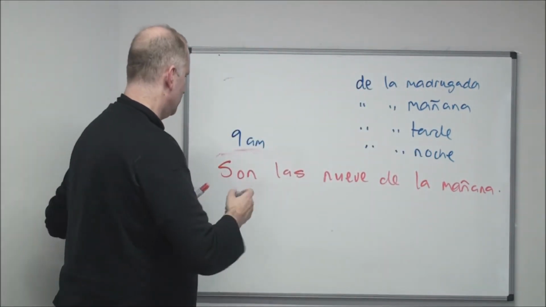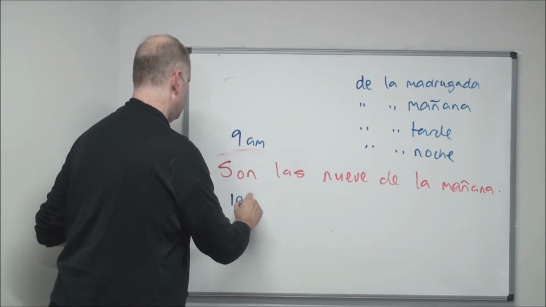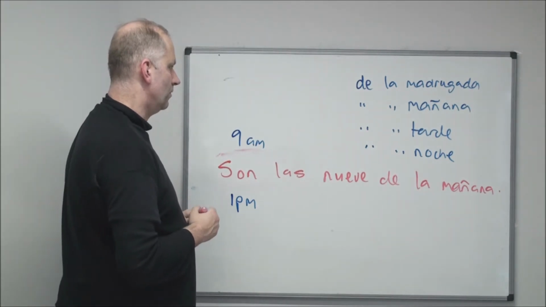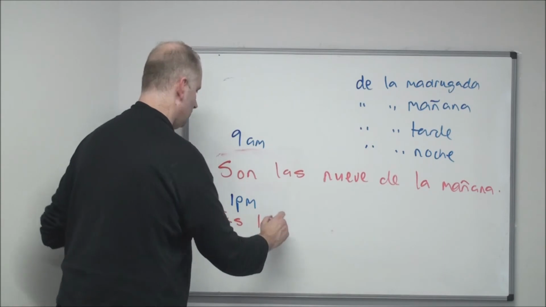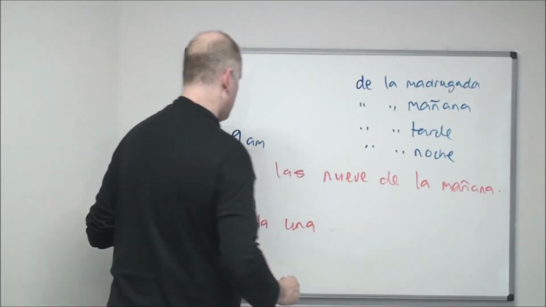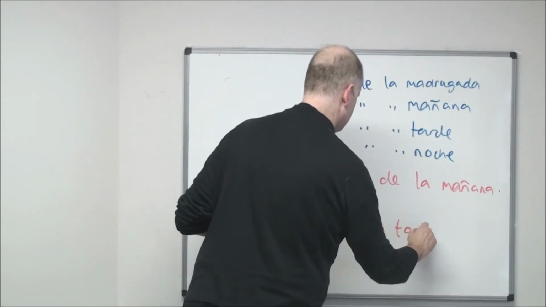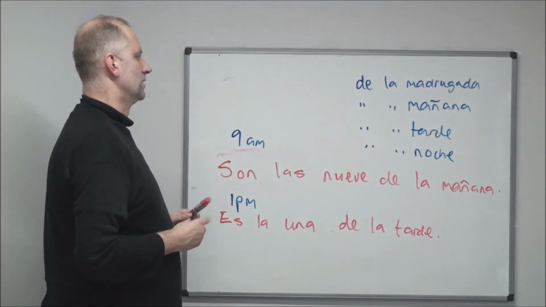Okay, and then this time, so 1 in the afternoon would be, so it's 1 o'clock, es la una of the afternoon, de la tarde. Okay, and then let's think of another one.